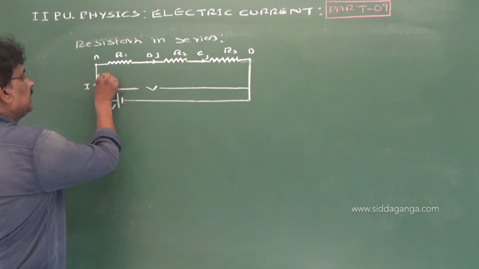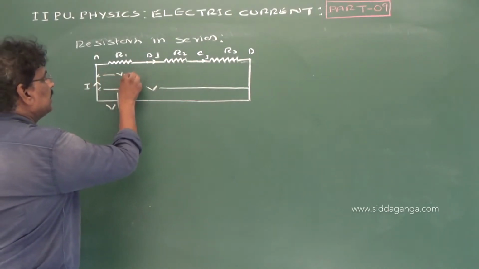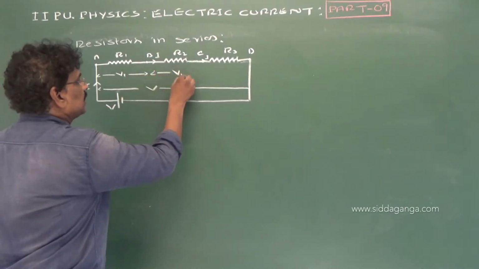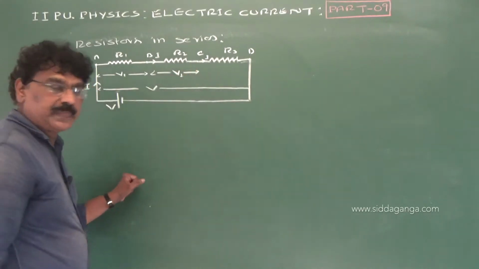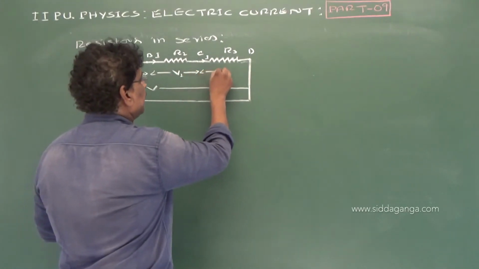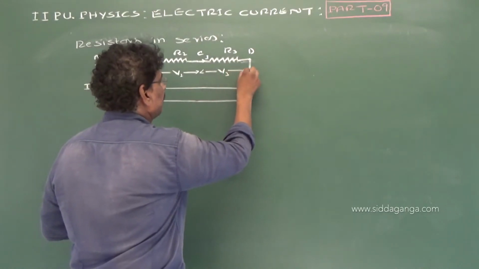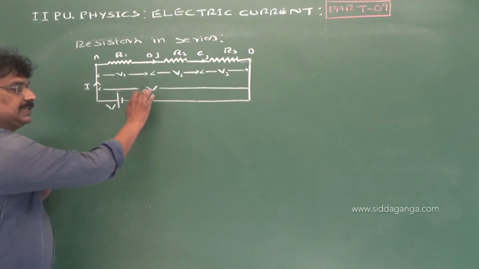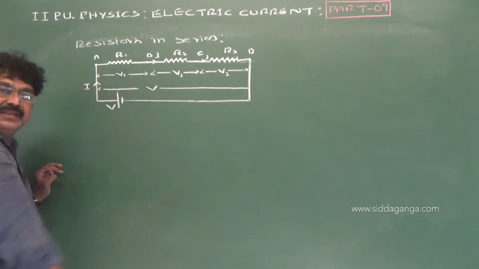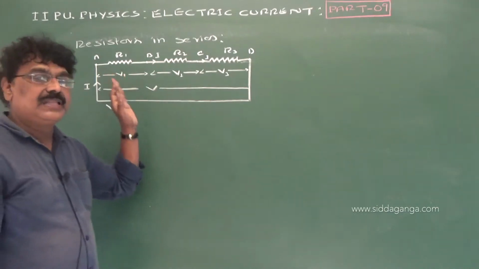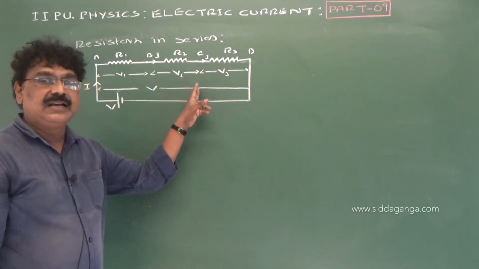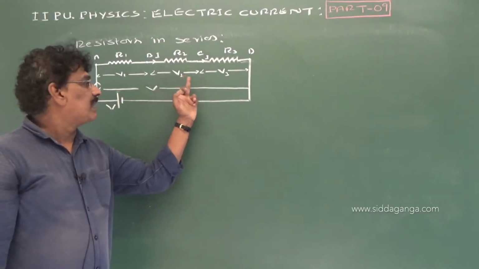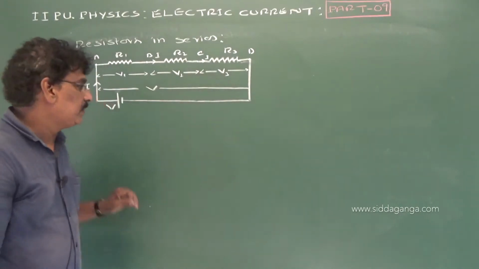Let V1 be potential difference across R1, V2 be potential difference across R2 and V3 be potential difference across R3. Obviously, this potential difference V is equal to the sum of the potential differences across the individual resistances, that is V is equal to V1 plus V2 plus V3.